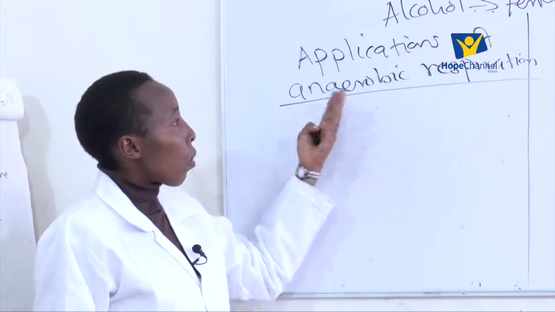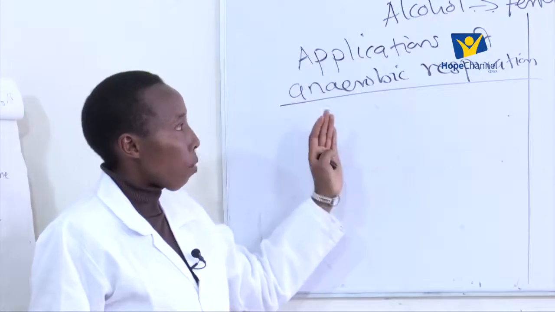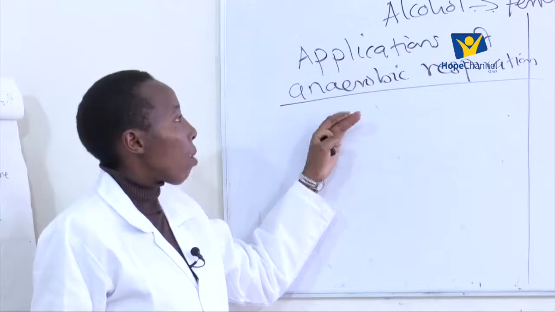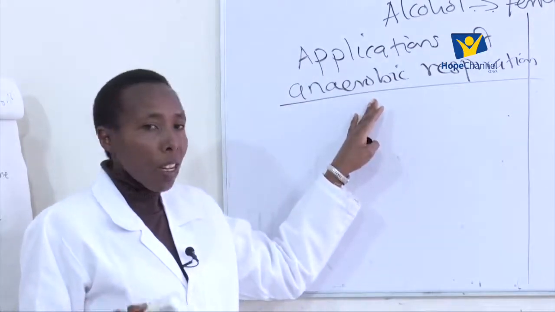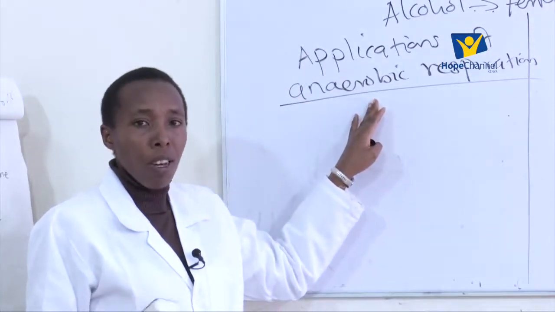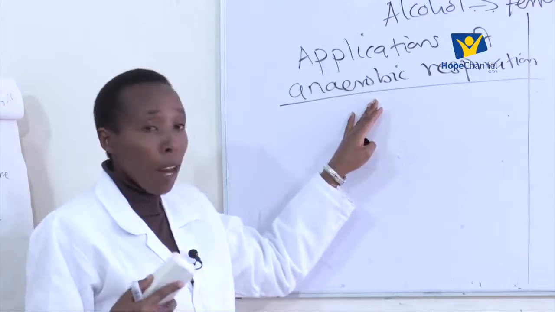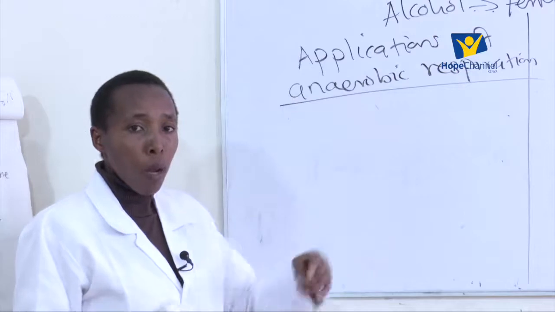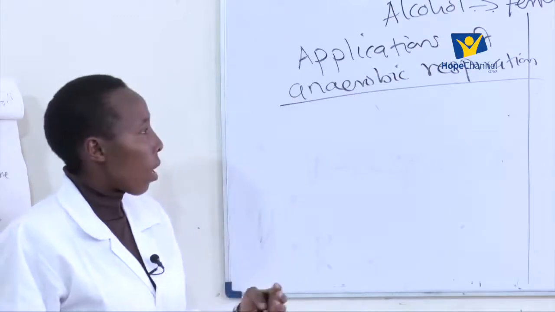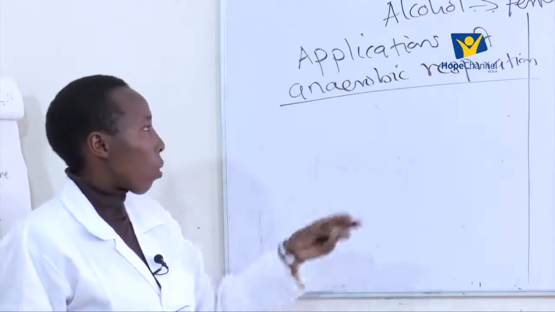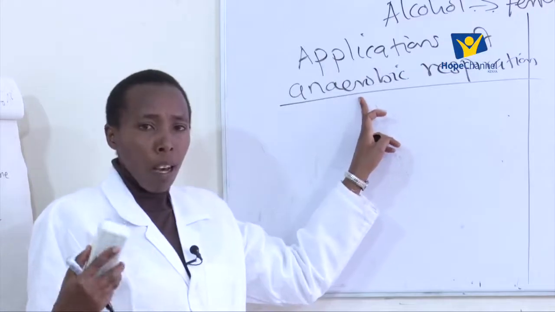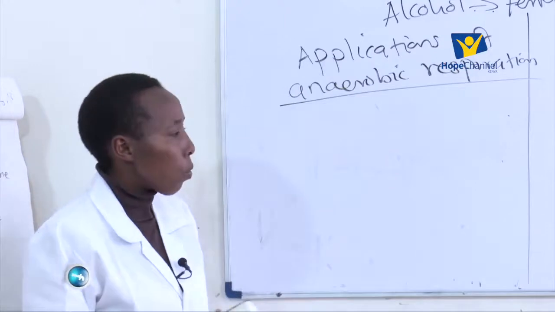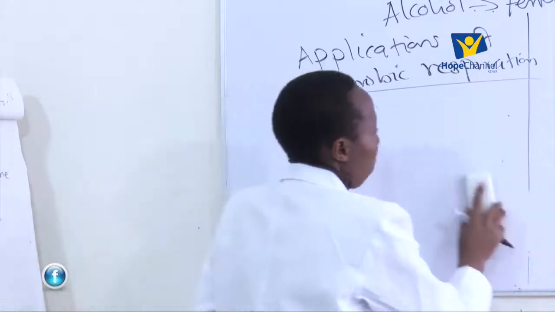So you need to find out where else we can use this concept of anaerobic respiration. It is very crucial in our industry, and that's why we need to learn more about anaerobic respiration. Of course, when we are learning another topic in classification, we'll still learn more on what happens during anaerobic respiration.